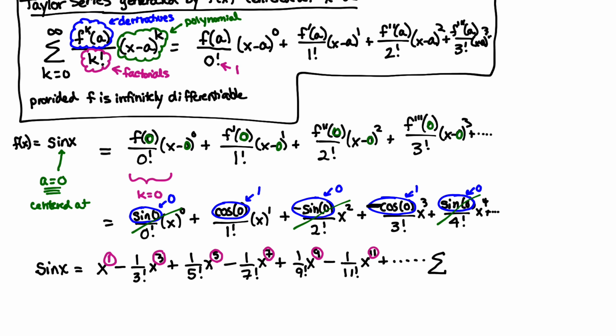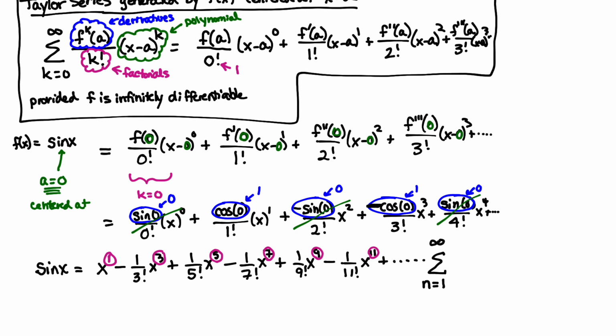But when you run sums, we either start at 1 or 0 usually. But let's start at 1. If I start at 1, how can I rewrite x to the first?